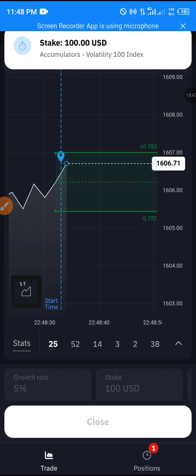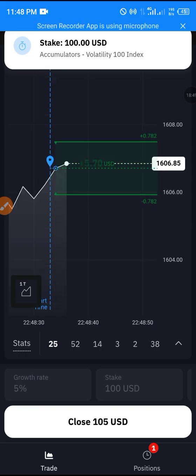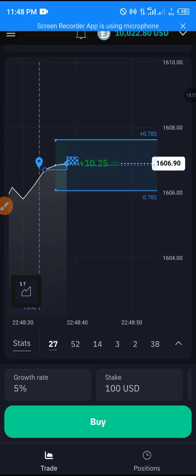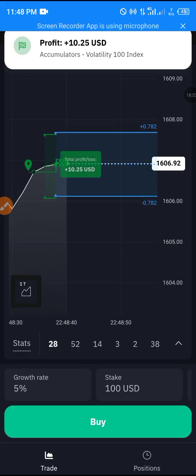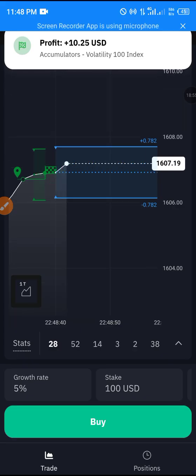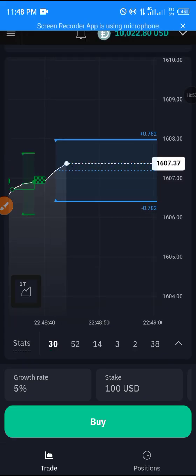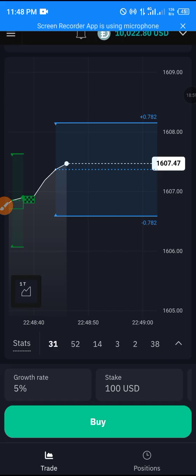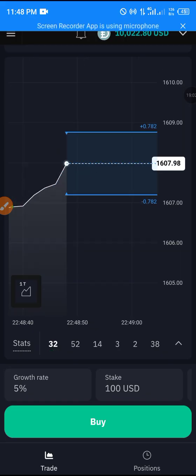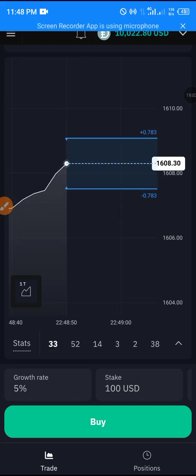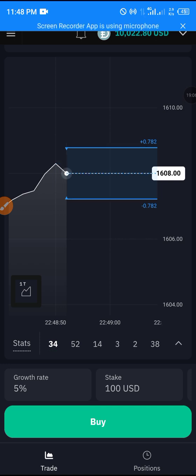You see I'm in 5% though. I'm in 5%. See how fast it's going? See how far it has given me profit instantly. If you look at the first one, it did not move fast like this. It was moving very slow, but this was very fast to give me the $10 profit.